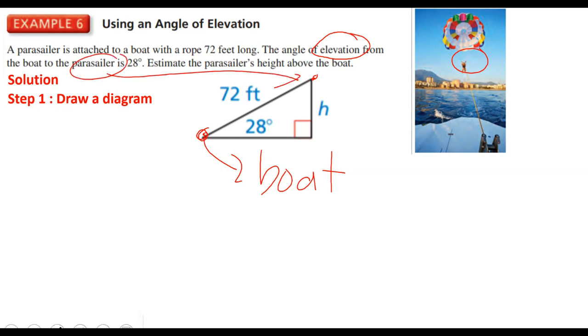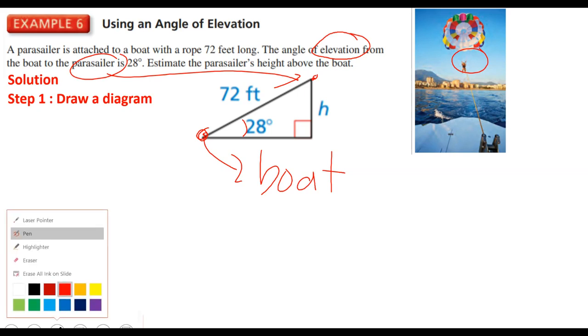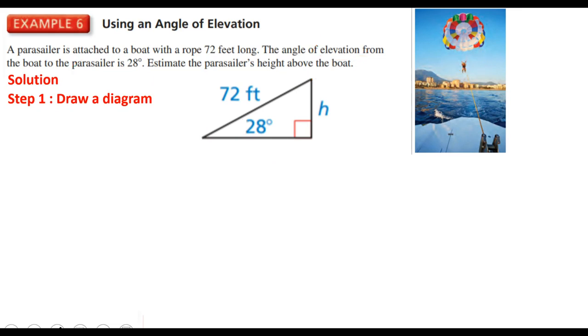Because we're talking about elevation, and that's your angle of elevation, which is 28 degrees. So that's how to draw a diagram. Now, I always suggest that whenever we have this kind of problem, you always draw your own diagram so you won't be confused. So you can easily see the givens and what you're missing, what's your problem.